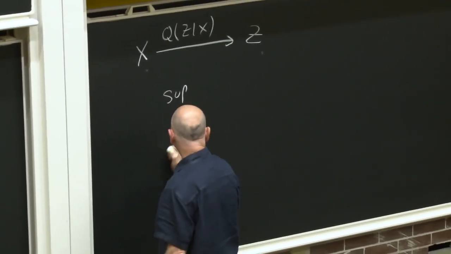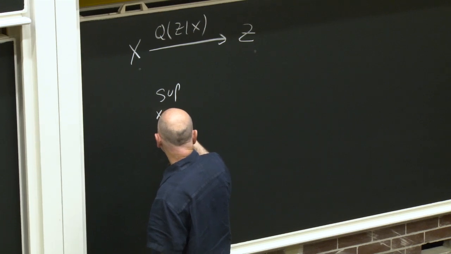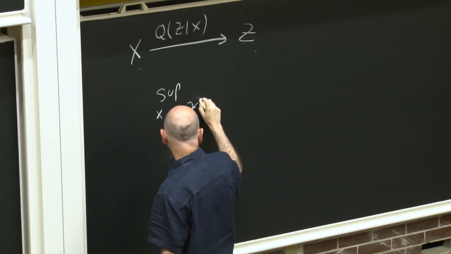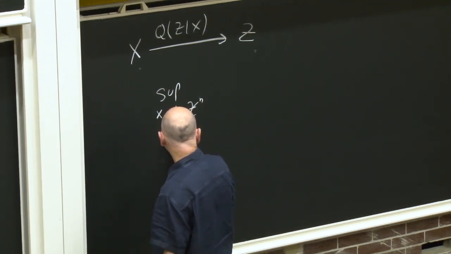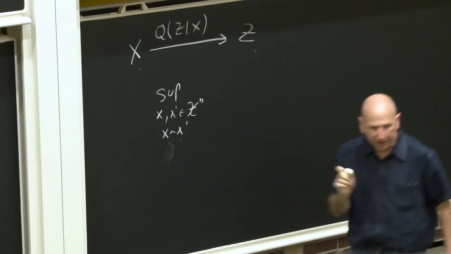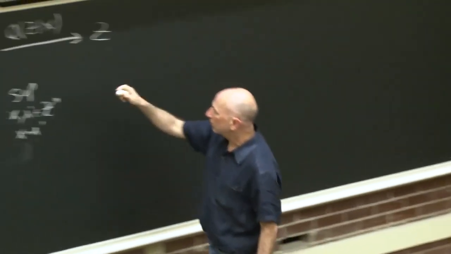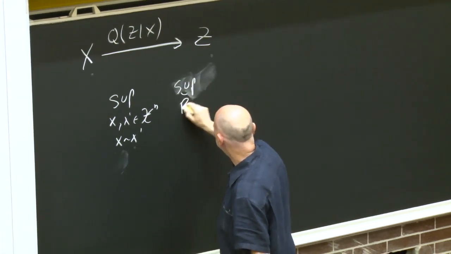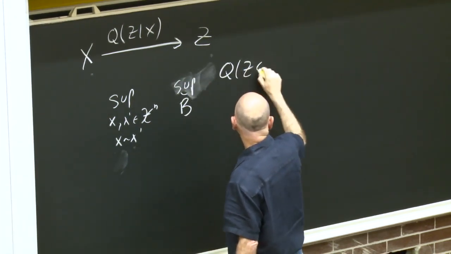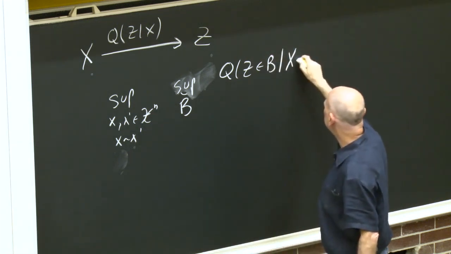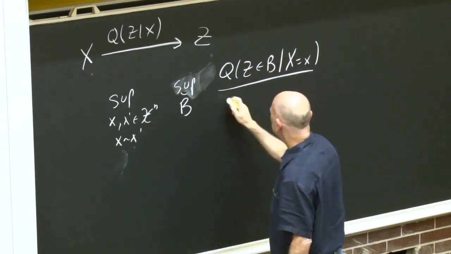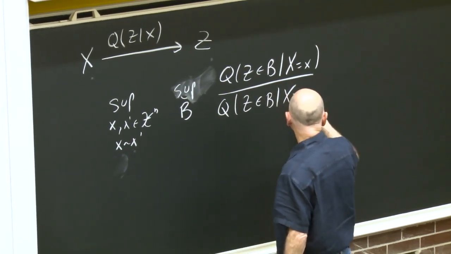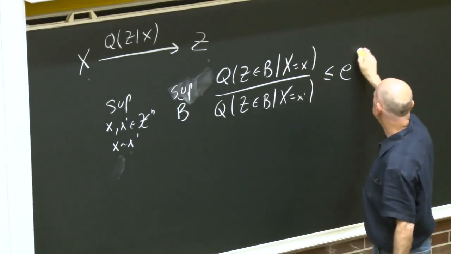The sup over all pairs of points, x and x prime, in the sample space to the nth power, in other words, for any pair of neighboring databases, and also the sup over all sets B, the probability that my output falls in B, given x, over the probability that it falls in B, given x prime, is less than or equal to e to the epsilon.